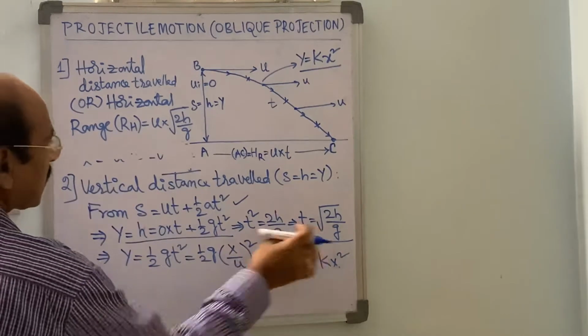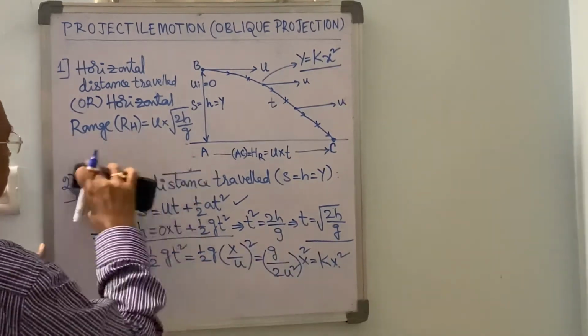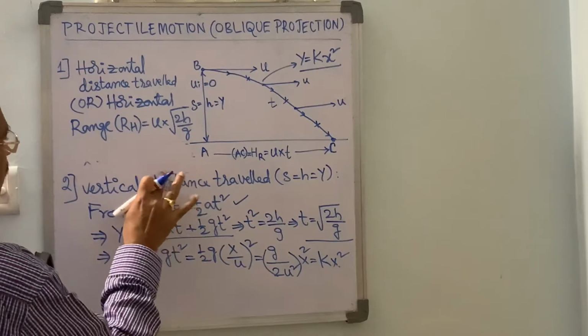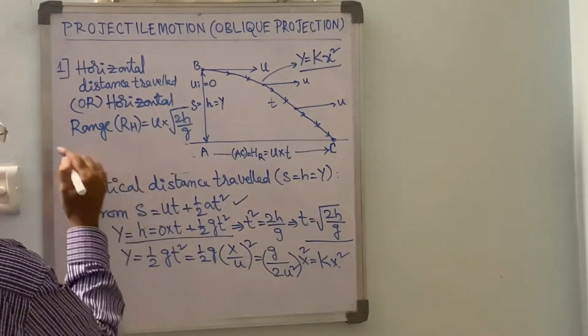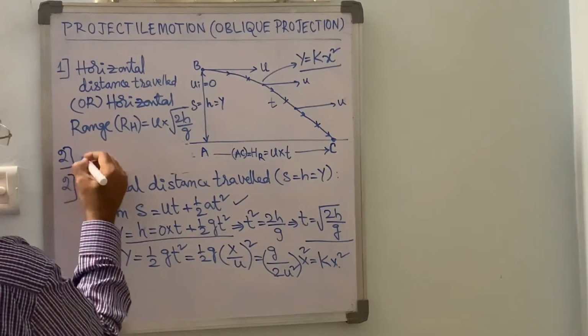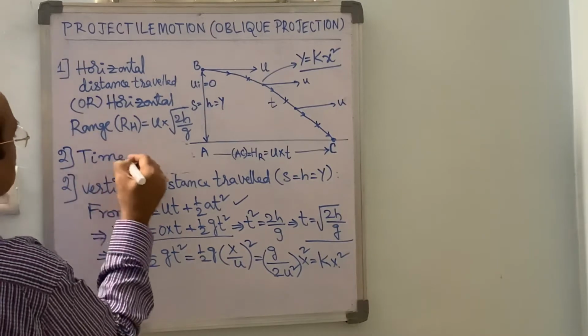Another expression for time of flight: from the vertical distance traveled, we derive this. Second one, time of flight of horizontal.